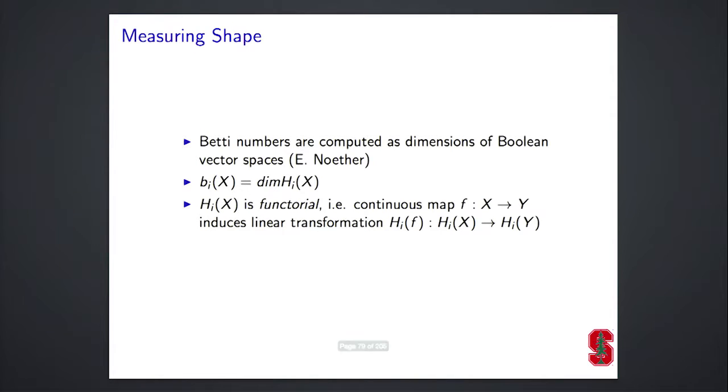But what she observed was, furthermore, that these vector spaces are functorial, that they have the property that when there's a continuous map from x to y, there's also corresponding linear transformations on homology groups. And that fact is sort of key to all the applications and all the computational methods that exist for algebraic topology. So the functoriality, innocent as it sounds, is a huge, huge deal.